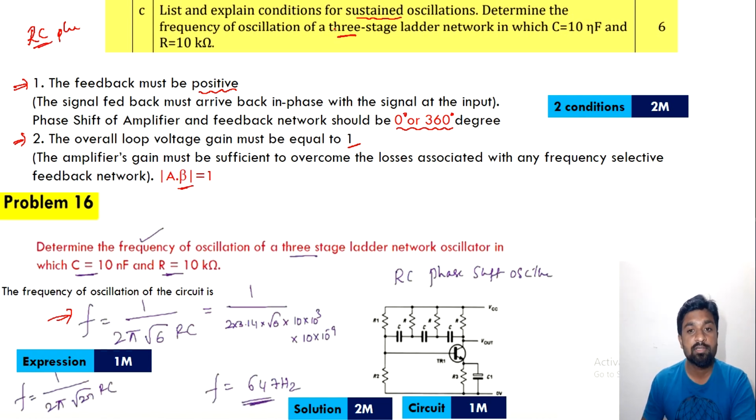In your syllabus, the 3-stage ladder network oscillator is given, so obviously the problem will be on 3-stage itself. Even if they have not given 3-stage, you take it as root 6, that is correct. If you calculate by putting the values into this expression, you will get 647 Hertz. I have solved this problem in the problems video also, you can refer to that.